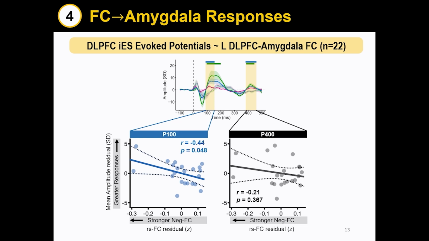We found that only in the early time window, there was a significant correlation between the FC and amygdala responses. That is, the stronger negative functional connectivity between the DLPFC and amygdala was associated with greater responses in the amygdala. However, this was not seen in the late time window.